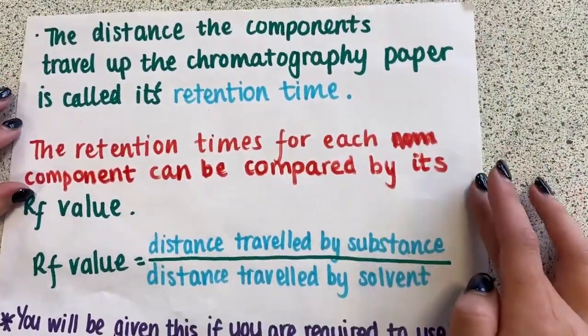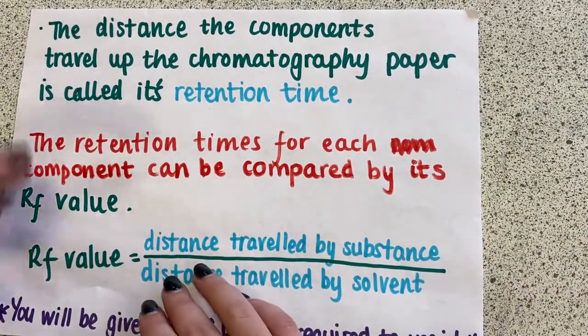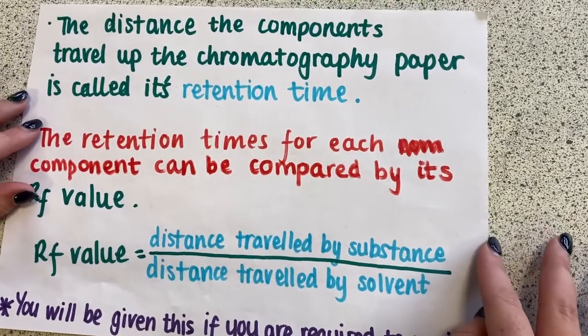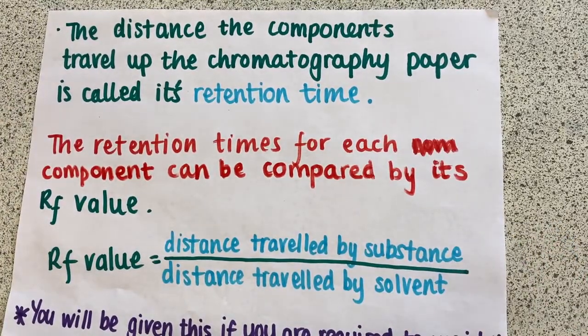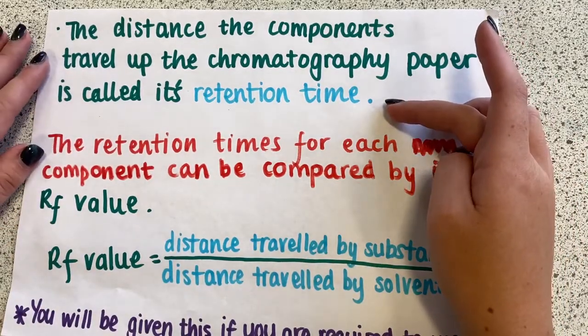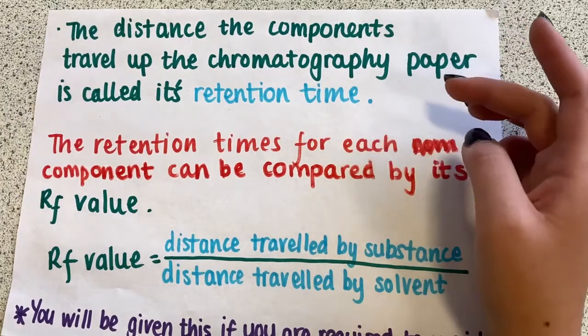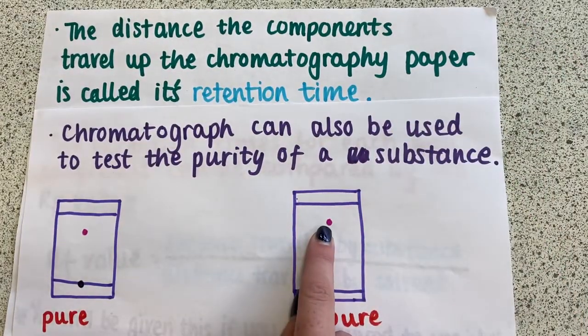When we're talking about the distance travelled, how far the dot goes up a piece of chromatography paper, the distance the components travel up the paper is called its retention time. The further it travels up, the higher its retention time.